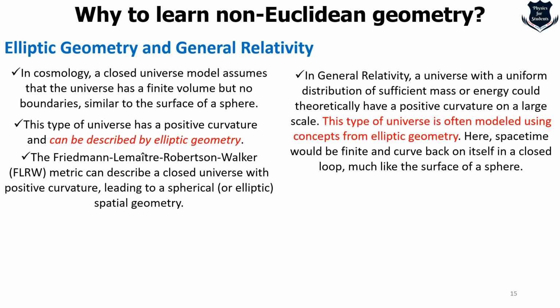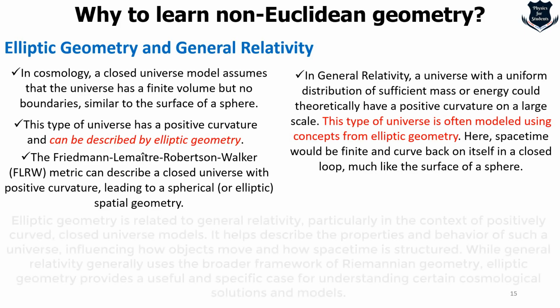And this positive curvature obviously means that it can be modeled using elliptic geometry, and here space-time would be finite and it would curve back on itself in a closed loop, much like the surface of a sphere. So these are ways in which you can understand and model a closed model, a typically positive curvature, using elliptic geometry.